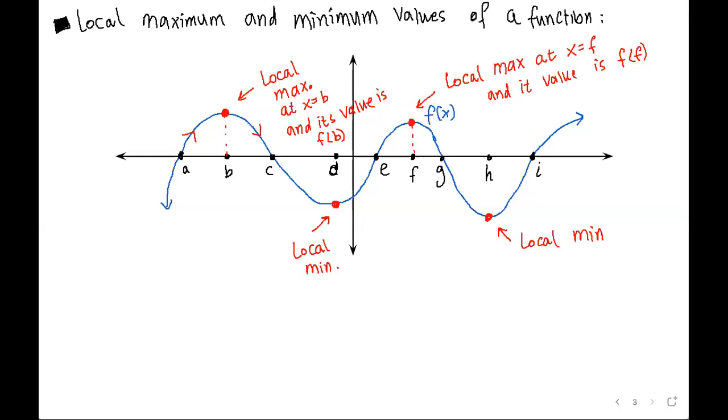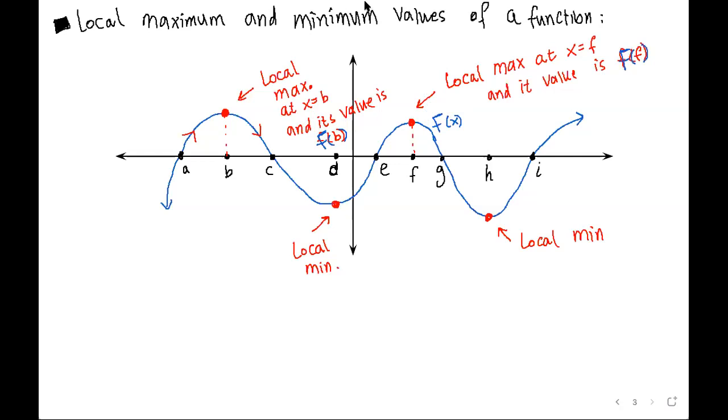Let's make the function capital F, because I don't want to confuse you. So suppose my function is capital F, not the small f. F capital of x. So here the value is capital F of the small b, here capital F of the small f.